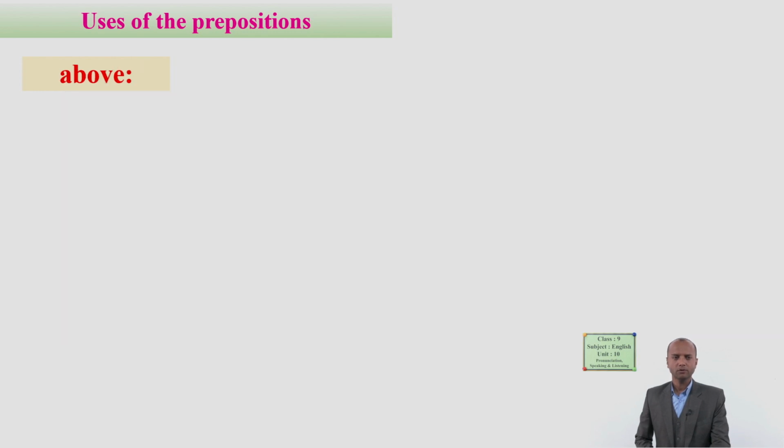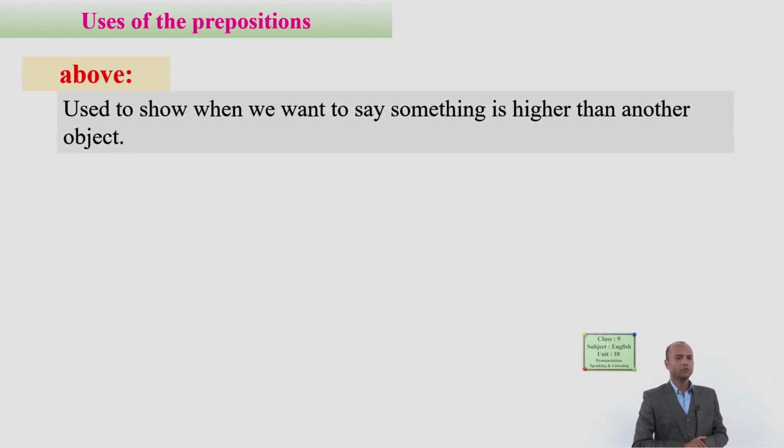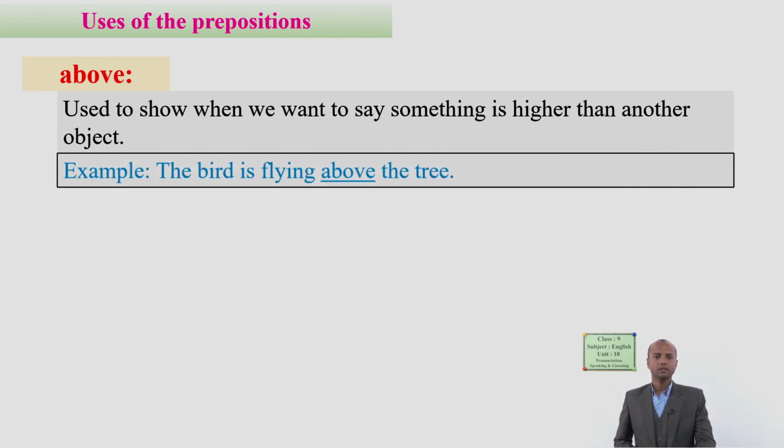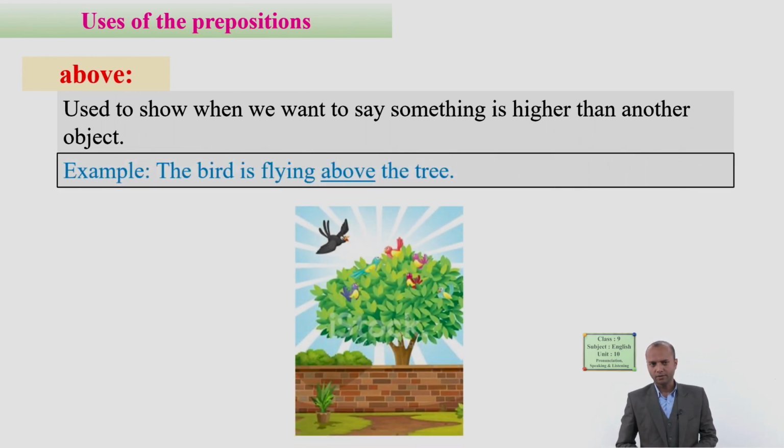Let's move to the next one, that is above, and it is used when we want to say something is higher than another object. For example, the bird is flying above the tree. So, not vertically above.